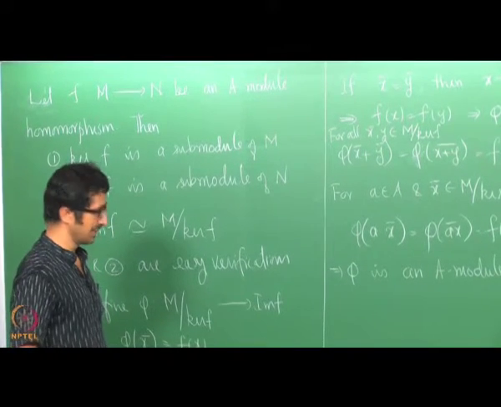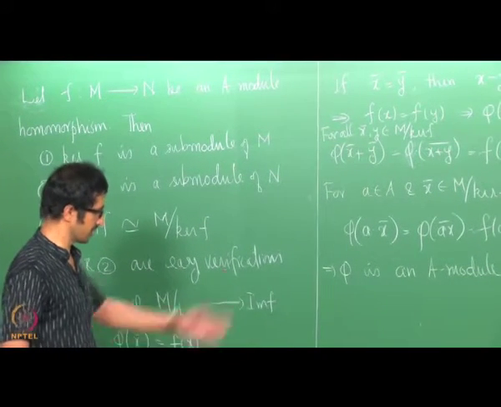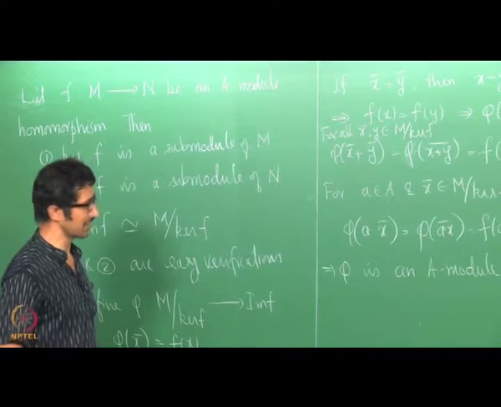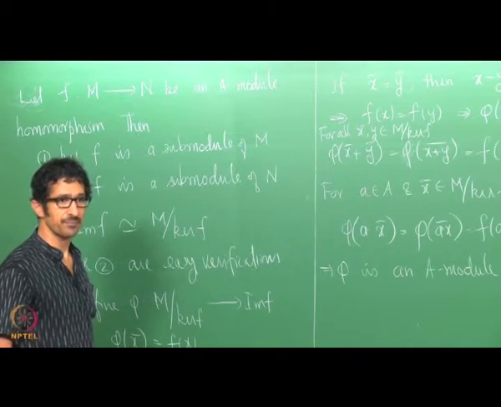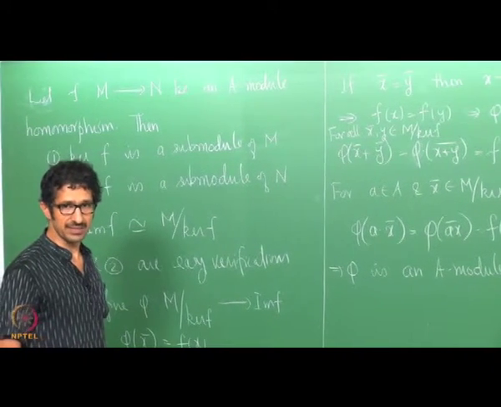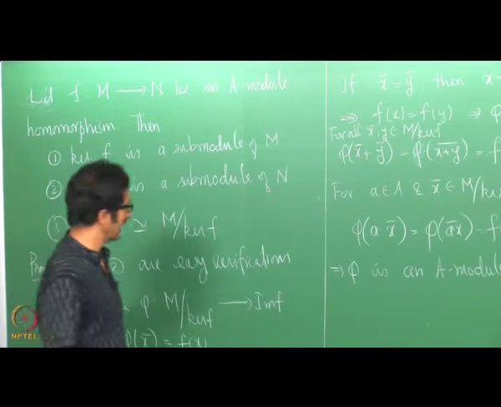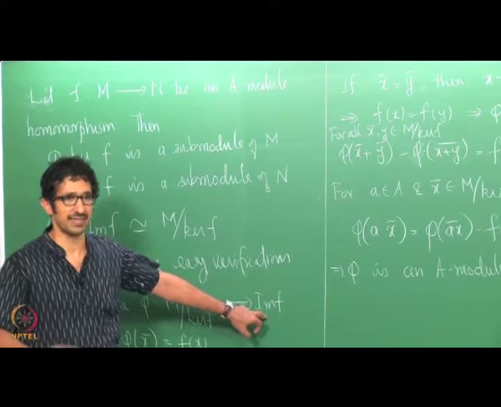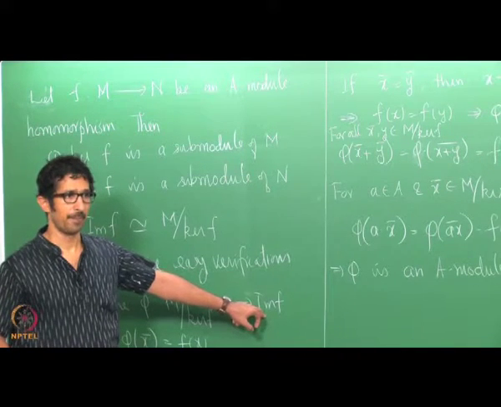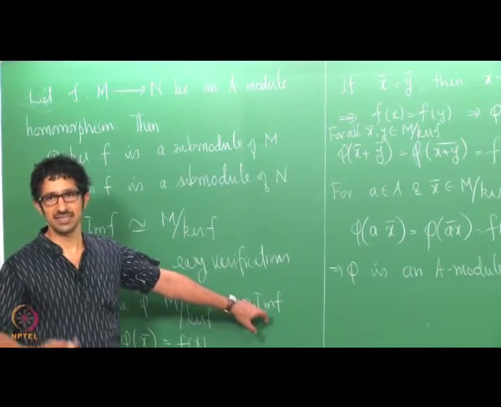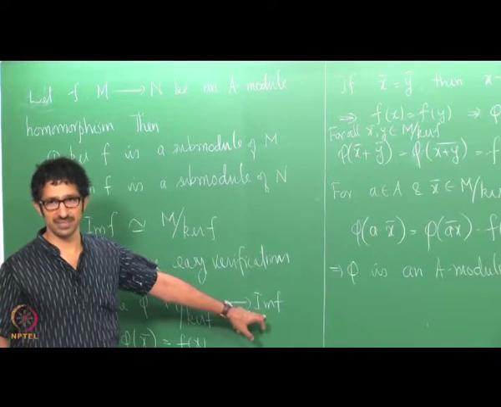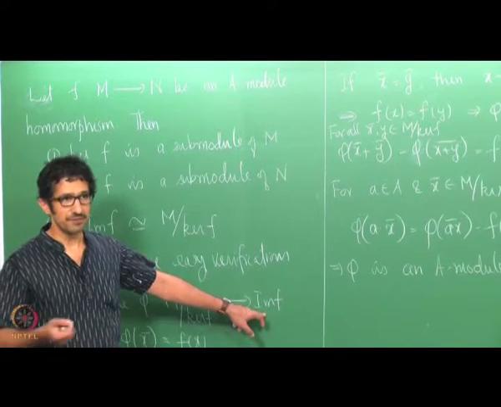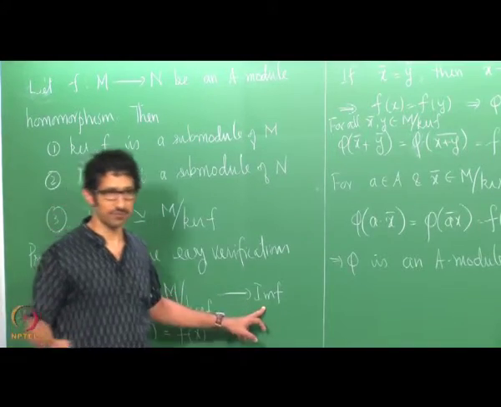Okay. Why is this injective? So, first let us see why is this surjective. Can you immediately see that it is surjective? Every element of image f is of the form f of x for some x in M. So, therefore, take its image in M mod kernel f, x bar, phi of x bar will be f of x.